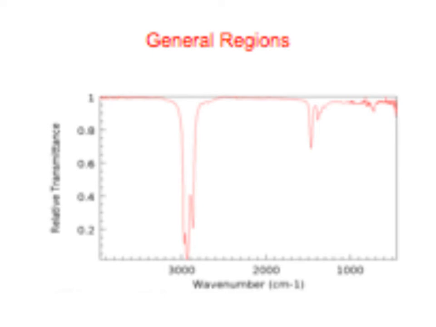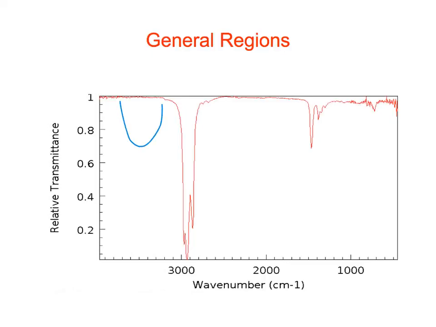So if we can just point out some general ranges, most times that's all you really need to know, right? If we start at the left down here, we have these broad OHs and NHs. Somewhere in here we saw the sp hybridized carbon-hydrogen stretches.